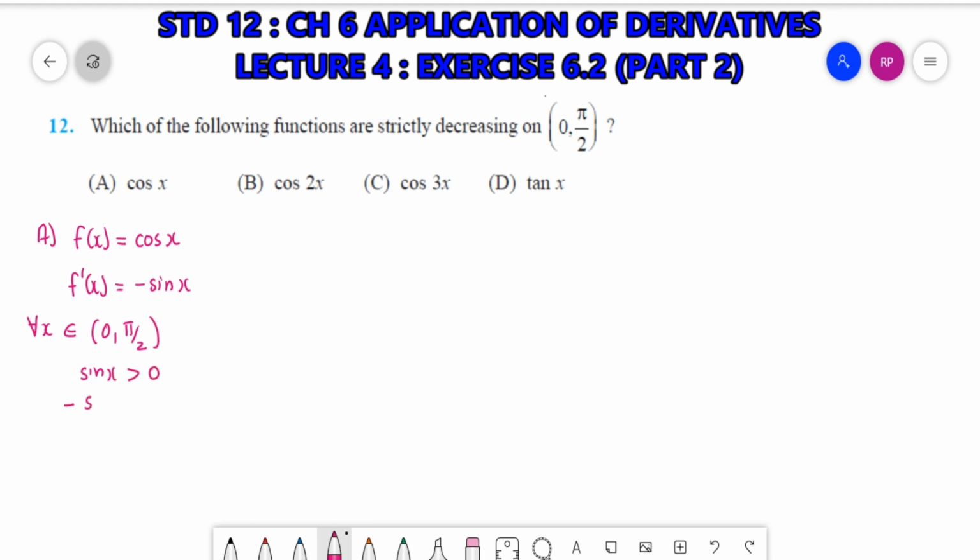That means minus sine x will be less than 0. So this implies f dash x is less than 0. Hence, cos x is a strictly decreasing function on 0 to pi by 2.